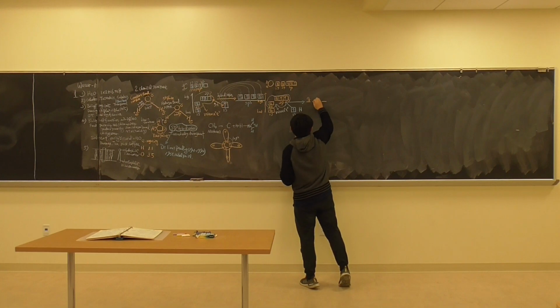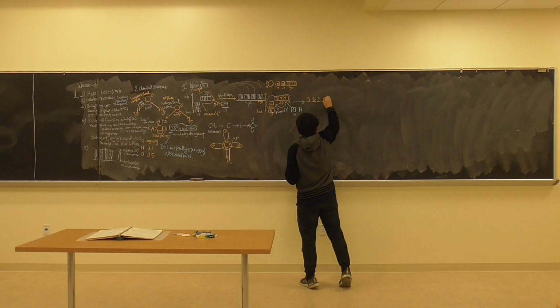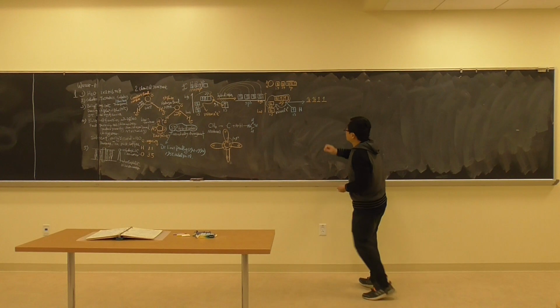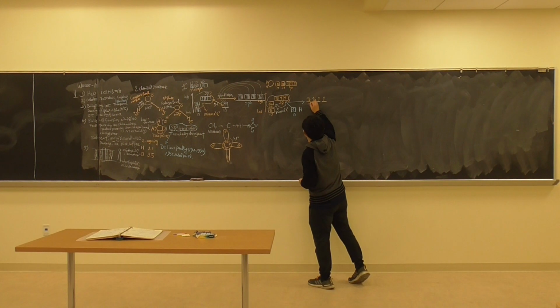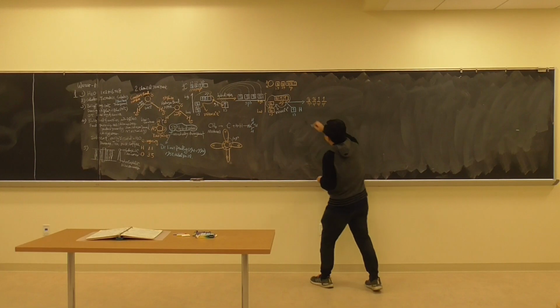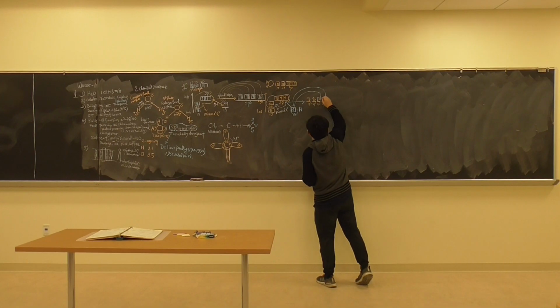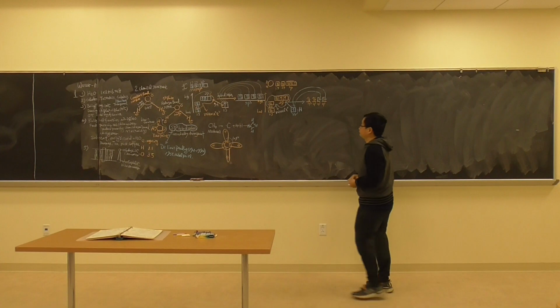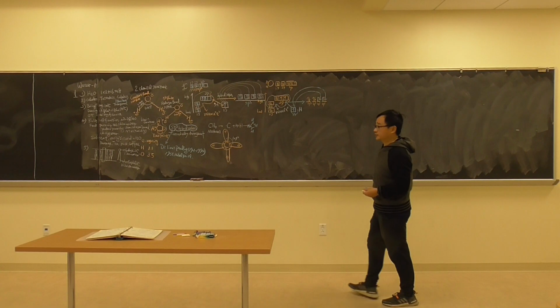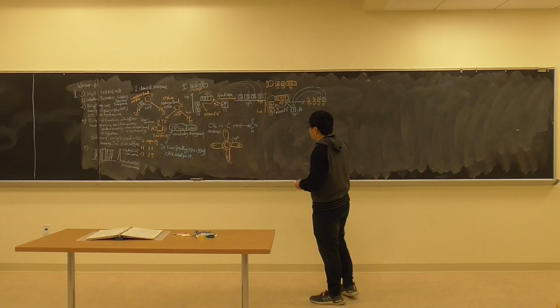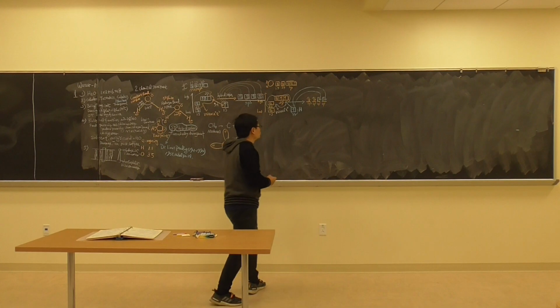Up, down, up, down, up, up. Is that right? That's sp3, sp3, sp3, sp3. And this guy goes in here, this guy goes in here. So you have that, sp3 hybridization.